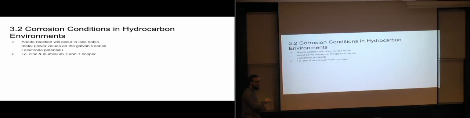Zinc is a bit less than aluminium, and they are both much less than iron, and iron is also much less than copper. So if you put a piece of copper into a fluid, and then you put a piece of zinc into it, and you put electric current onto this, the zinc is going to be dissolved, and the copper is going to be creating hydrogen gas, basically.